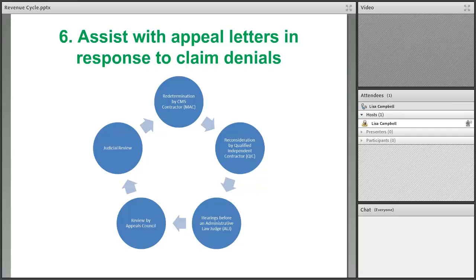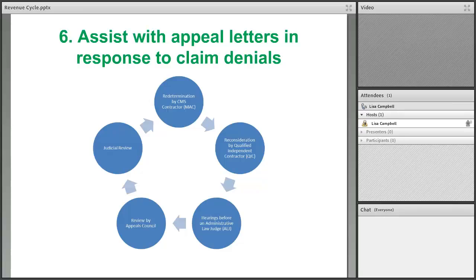Then the next step would be reconsideration by a qualified independent contractor. If they say, no, we agree with the Medicare administrative contractor, the appeal process can continue all the way up to a judicial review. The one thing we want to ensure in our appeals process is that we have the documentation to support why we should have been paid for the service.